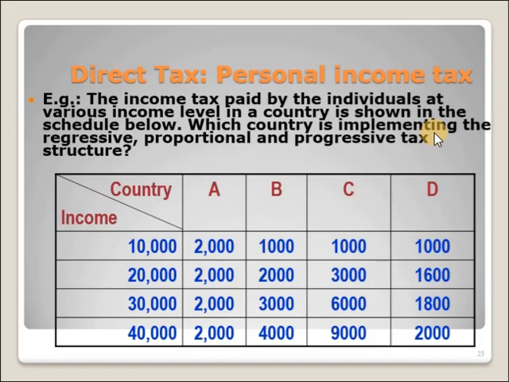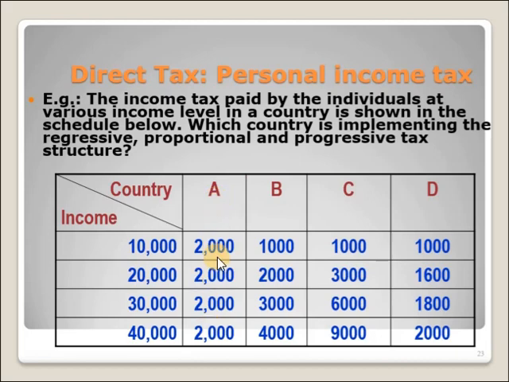Another example, the income tax paid by the individual at various income level in a country is shown in the schedule below. Which country is implementing the regressive, proportional, and progressive tax structure? So the income from 10,000 to 20,000, 30,000, and 40,000. So this is country A, the tax amount is 2,000 constant.